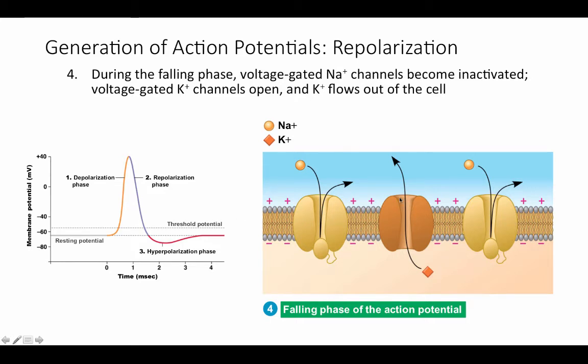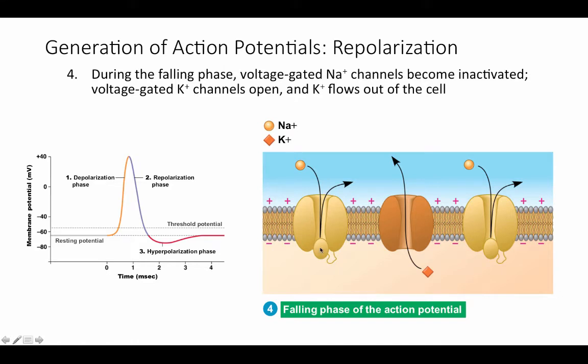You're going to bring a bunch more positive charges back out of the cell and cause the cell to repolarize back down to negative. At this point also, there's an inactivation of these sodium channels.